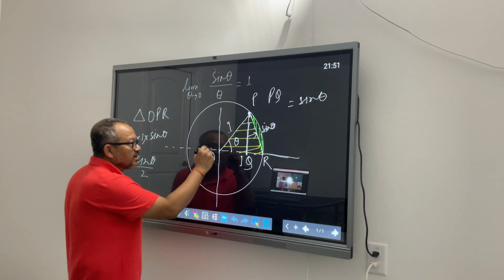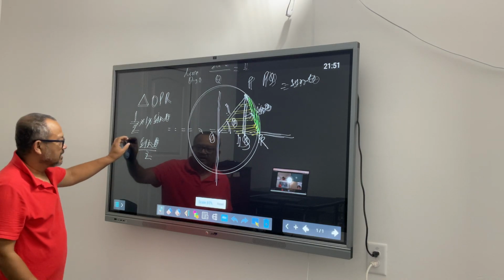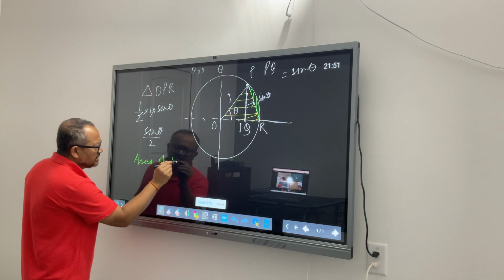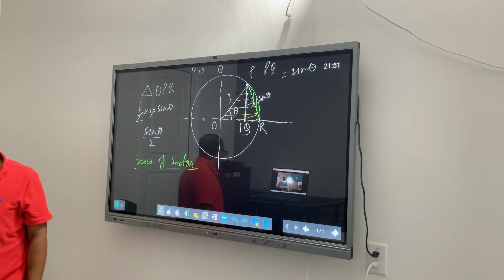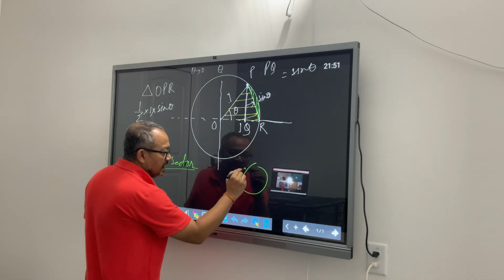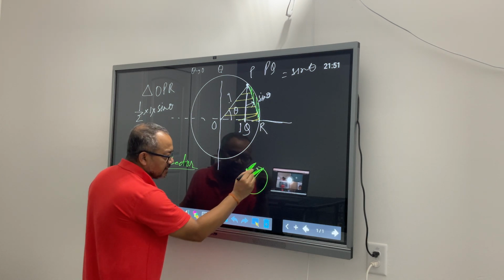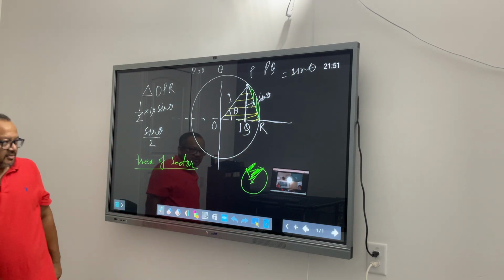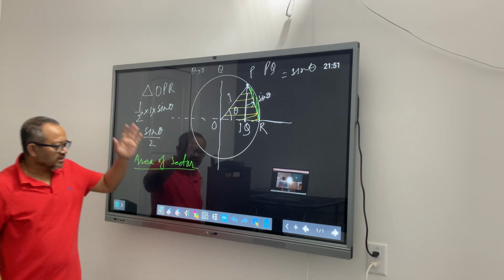If you have to find out the area of this sector OPR, how much would that be? Is it called sector or is it called segment? It's called sector, right? If I have a circle like this and I pick two points on the perimeter, this whole area is called a sector, right? Not segment. Segment is a sliced portion here, right? Okay, whatever it is called, let's say this sector.